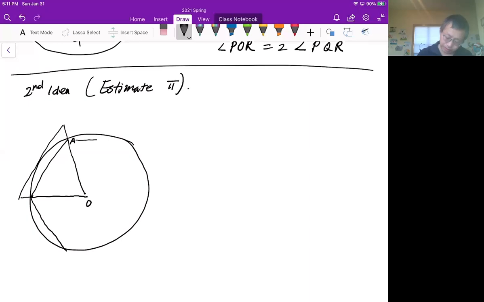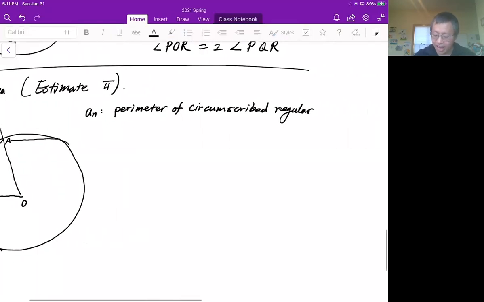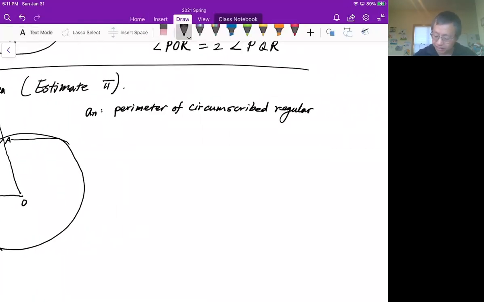But anyway, let me use An for the perimeter of the circumscribed regular polygon, an n-gon, since many people just write that.